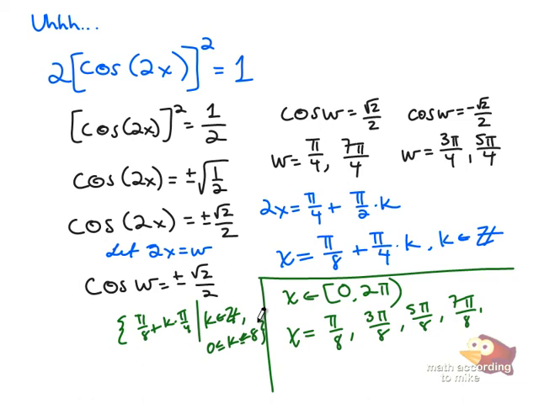Or you could just list them, which I think is less of a headache. So after 7 pi over 8 would come the next ones, and then we stop.